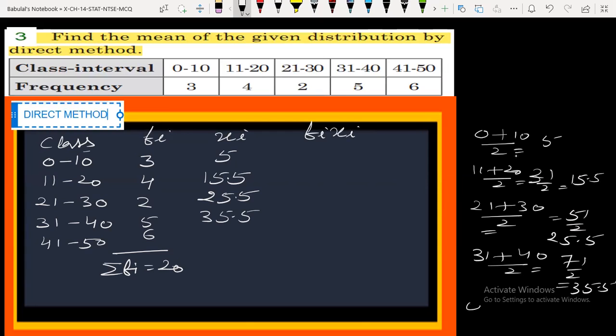And next is 41 plus 50 divided by 2, that is 91 divided by 2, that is 45.5. तो ये हमारा क्लास मार्क हो गया, जिसको हम XI से रिप्रेजेंट करते हैं. Now, next column is multiply the frequency with the corresponding class mark. So first is 3 into 5, that is 50.